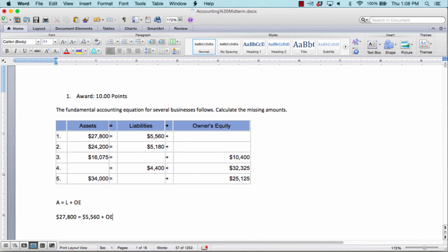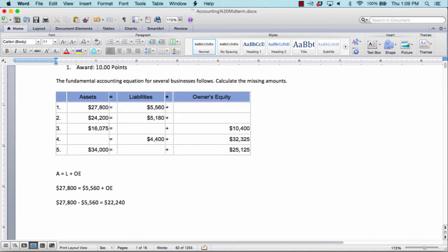Knowing your algebraic concepts, you know that you have to subtract the $5,560 on both sides in order to isolate owner's equity. So if you take the subtraction to be $27,800 minus $5,560, you will get an answer of $22,240, which is your owner's equity.